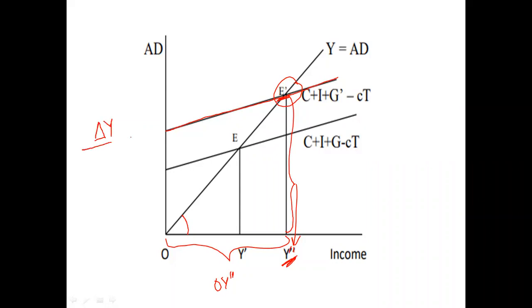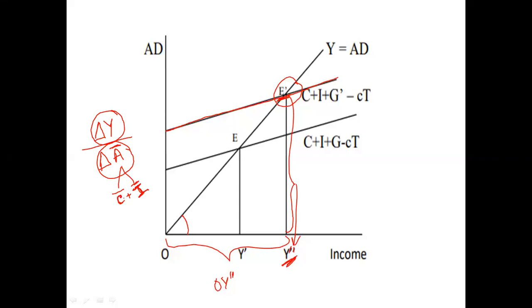delta y divided by delta a dash. Delta y means change in income or output when there is a change in a dash. A dash is autonomous consumption plus autonomous investment. This you remember from the previous chapters.